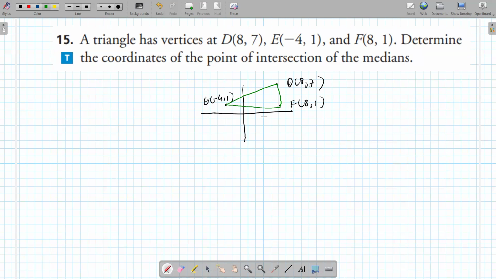Now the goal is to find the point of intersection between the three medians. So we're looking for this point in the dead center. Any ideas on how to find that? It's basically the midpoint of the entire triangle. Slightly tricky.